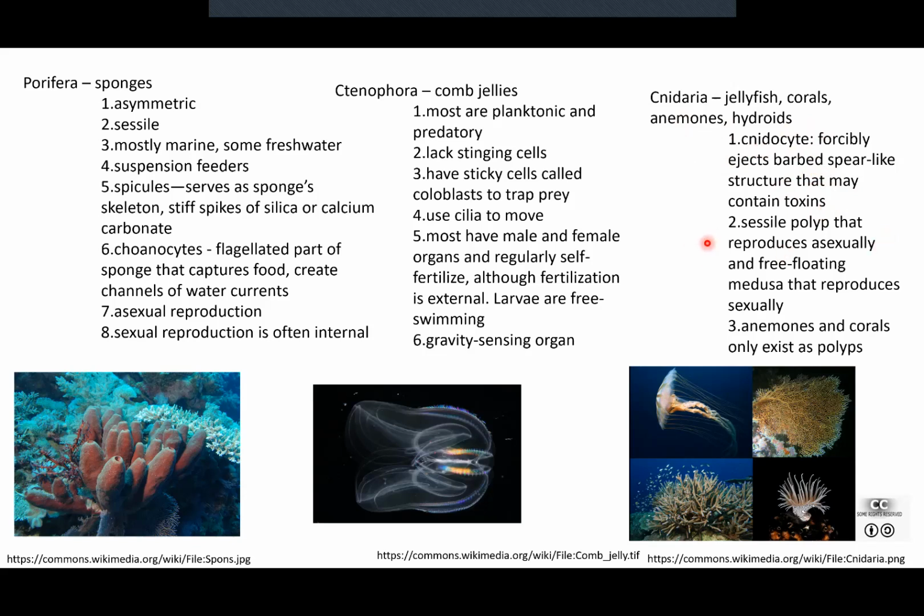Within the cnidarians, we talk about two life forms, a sessile polyp that reproduces asexually, and a free-floating medusa such as this jellyfish here that can reproduce sexually. And anemones and corals only exist as the sessile polyps.